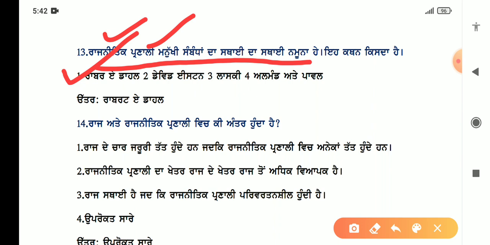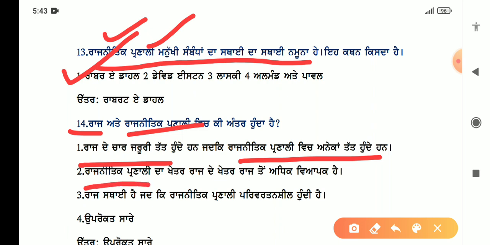What is the difference between state and political system? State has 4 essential elements. Political system has many elements. There is a difference between the scope of political system and the state. The scope of political system is very wide.